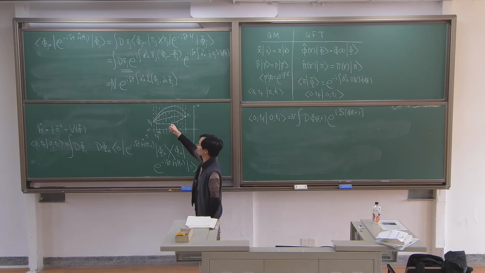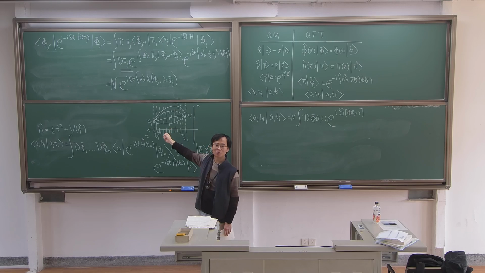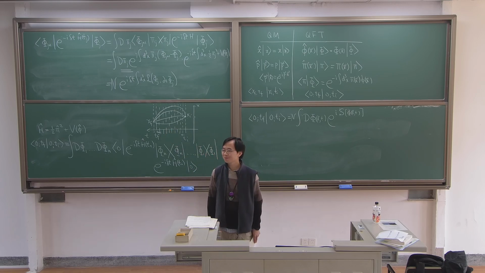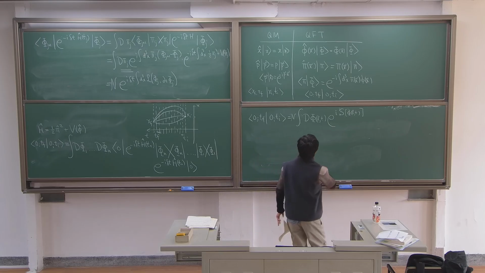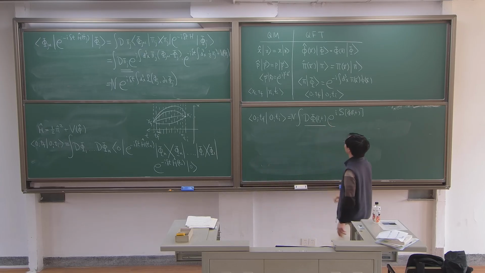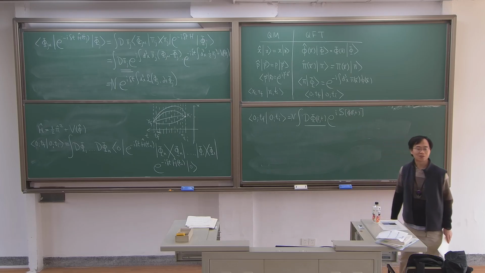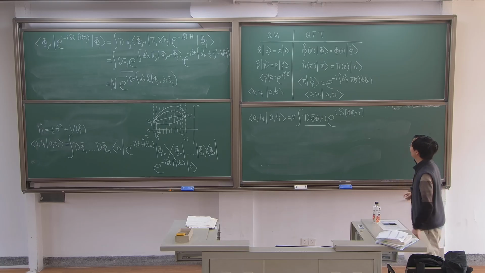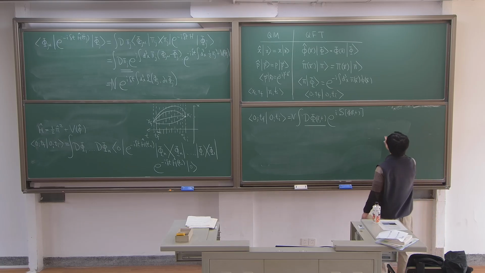In quantum mechanics, the path is really the path, the path in the real world, but in field theory, it's not. So again, this sum is for all the field configurations.